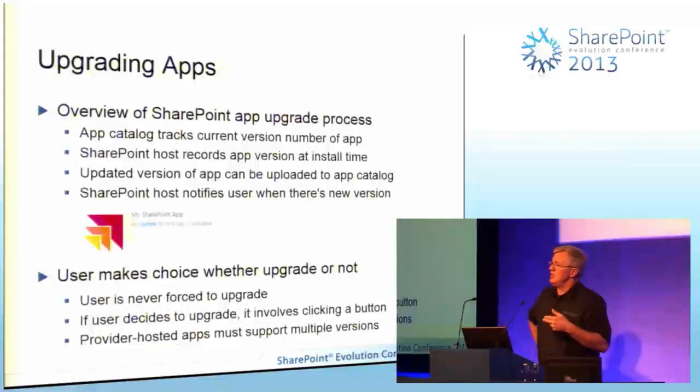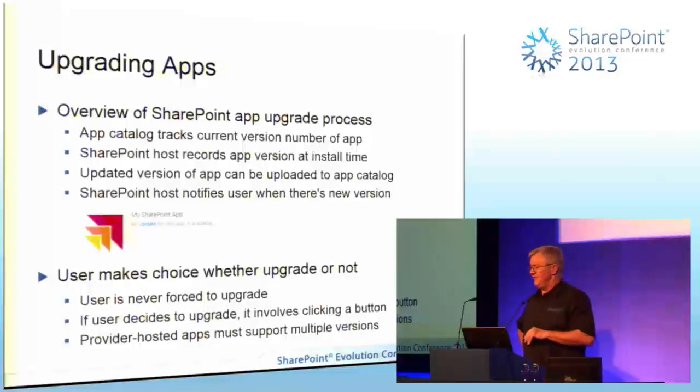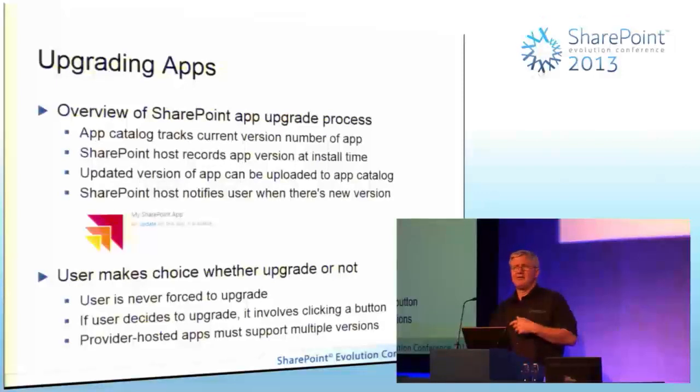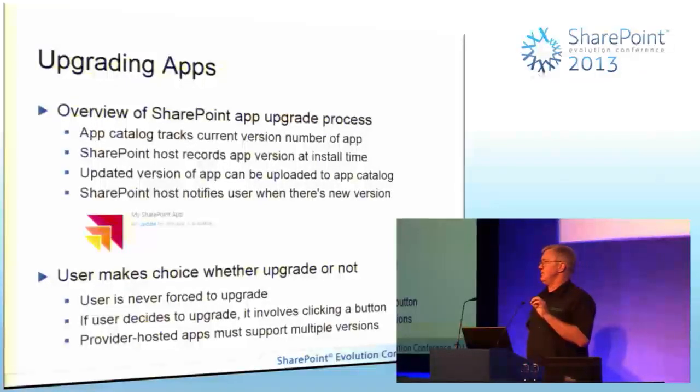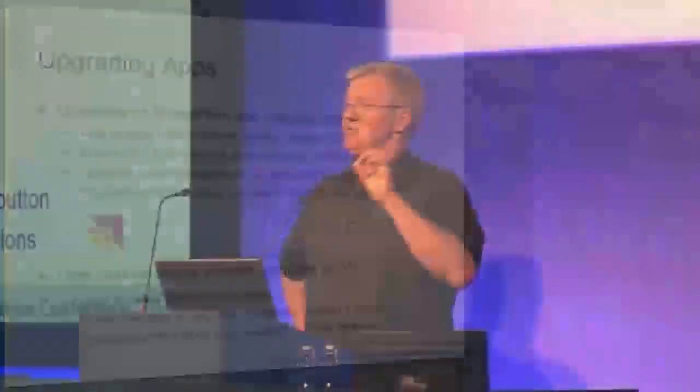And the idea is that you would upload the second version of the .app file, and the second version of the .app file, once it gets installed, is going to overwrite the first one. And then after a little bit of time, a timer job is going to run, and it's basically going to come back, and it's going to indicate to the user an update's available. But the app model is never going to force the user to upgrade.